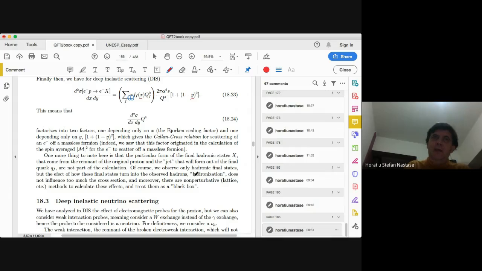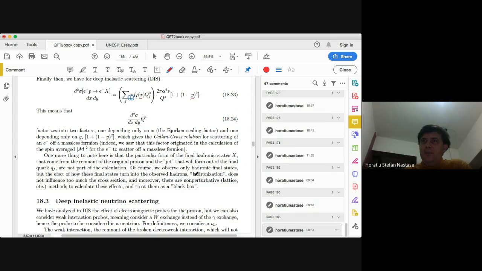Okay, so when comparing deep inelastic scattering experiments with theoretical calculations, we have to take care of this hadronization, and we use it in computer code as a kind of black box.